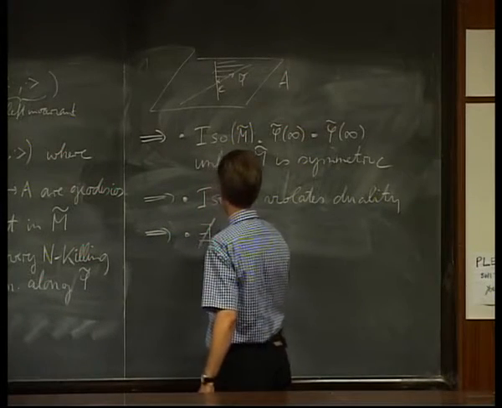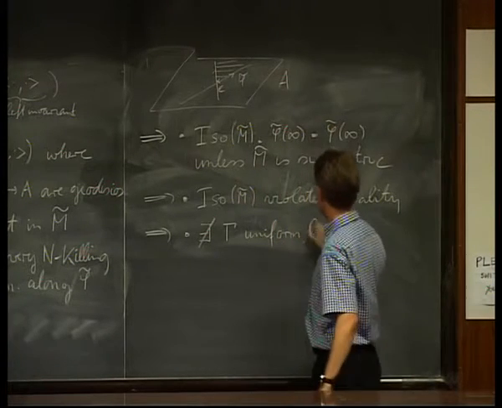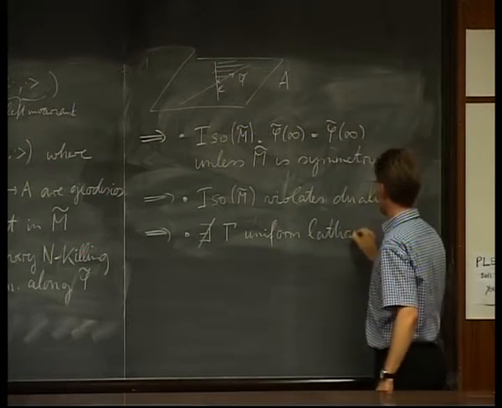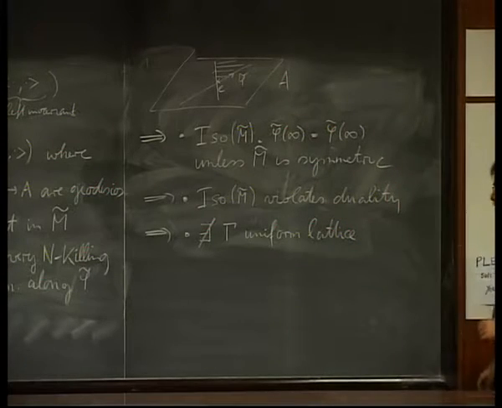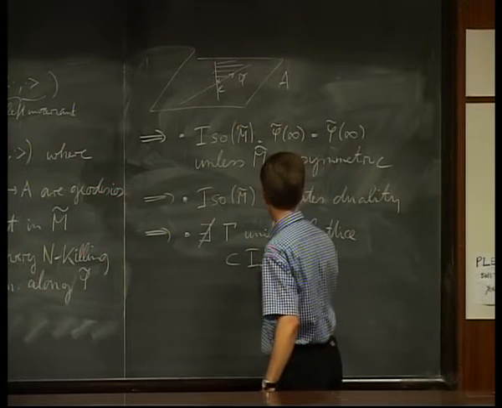And therefore, for example, one conclusion would be that the isometry group of such homogeneous spaces can never contain a uniform lattice.